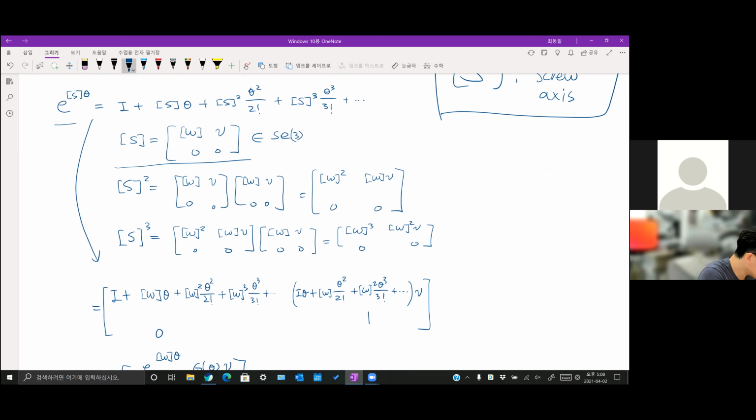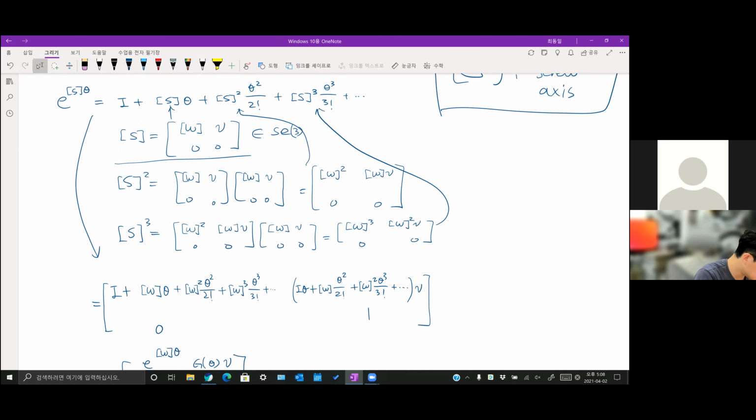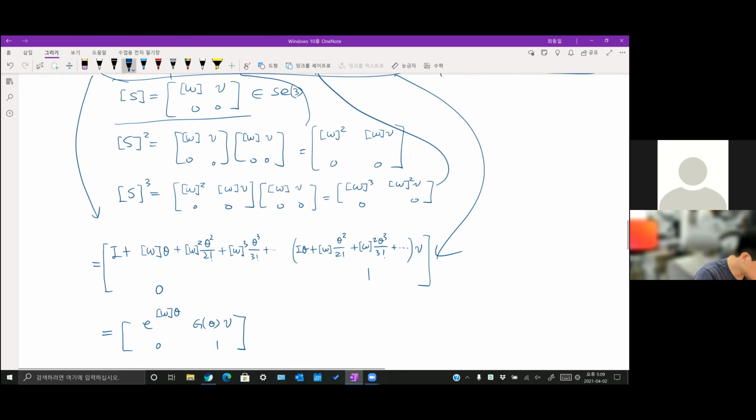Because the exponential term can be described by the Taylor series, which we already learned, we can put this term here, and here, and here. Then we can summarize this equation like this.